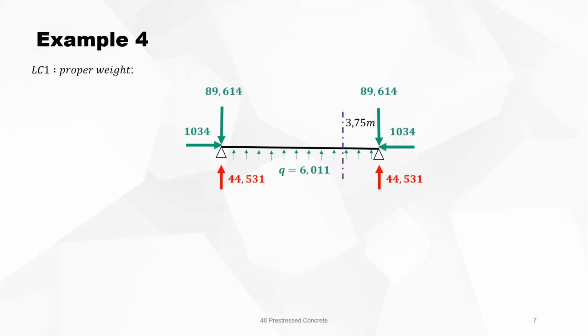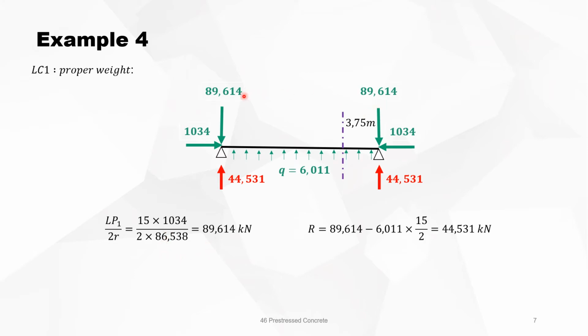We are still in load case 1, proper weight. The vertical reaction due to the pre-stressing force is then equal to 89.6 kilonewton. The reactions in the supports is then the 89.6 minus the 6.01 distributed load, gives you 44.5, like it is stated here.